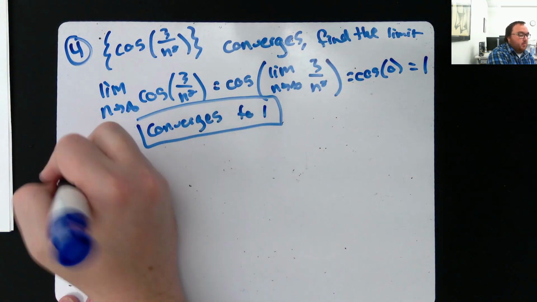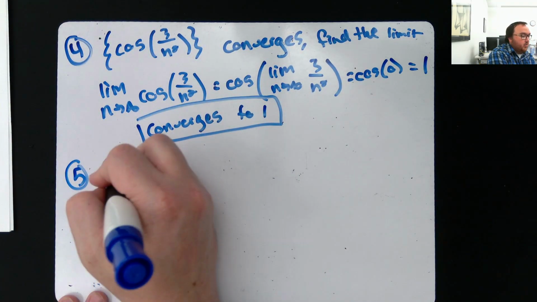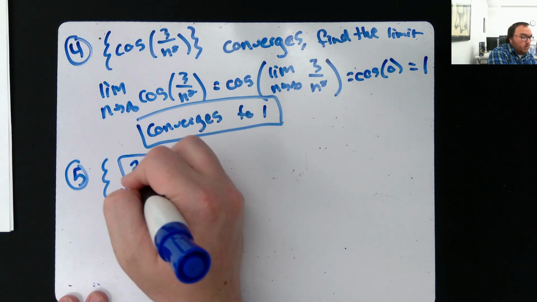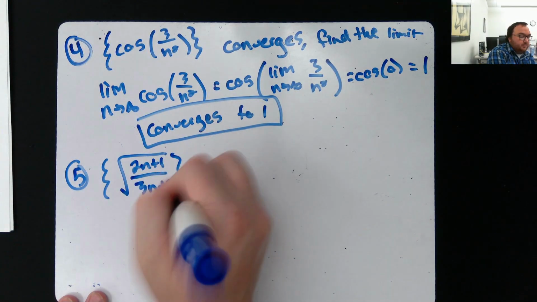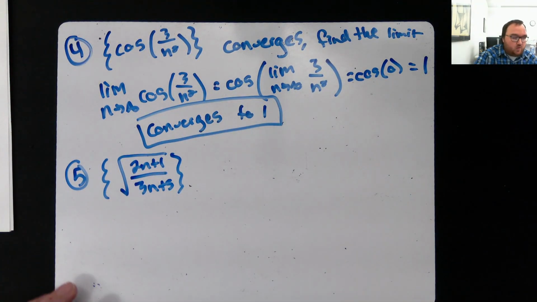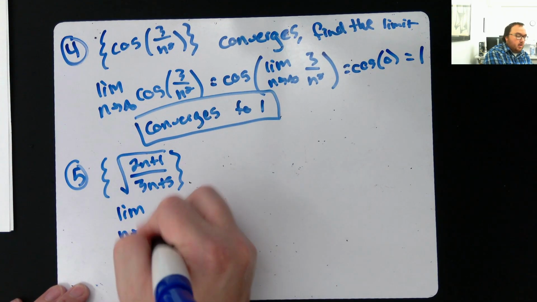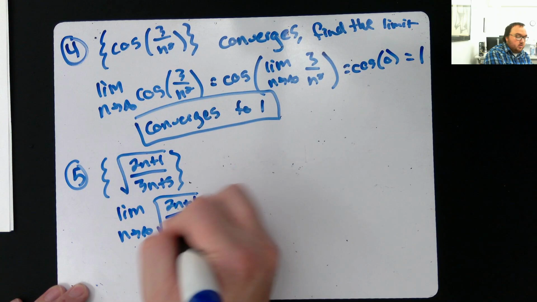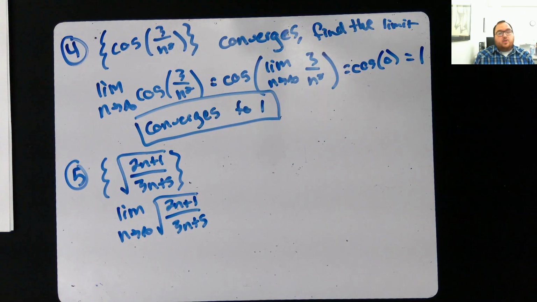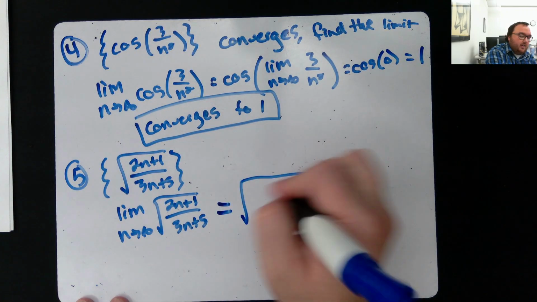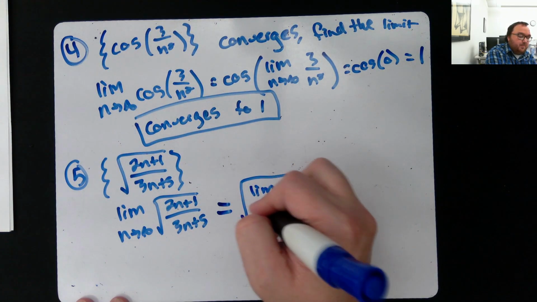Same thing with example number 5. We're going to do the same thing with the sequence square root of (2n plus 1) over (3n plus 5). See what happens with that. So again, we're going to do the limit as n goes to infinity of this. Well, the square root makes it look harder than it really is, but since it is continuous, I can bring it outside and do the square root of the limit.